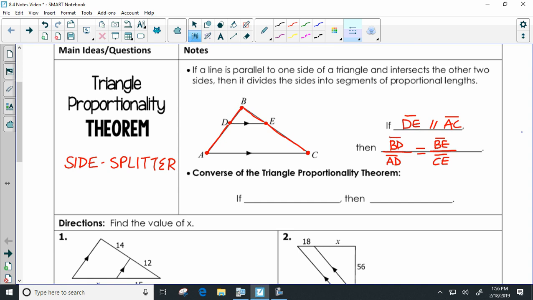So instead of saying if the lines are parallel, then the sides are proportional, it says if you have proportional sides, so if BD divided by AD is equal to the fraction I get when I do BE divided by CE, if those are proportional, they have the same scale factor, then DE would be parallel to AC. That's a creative way to get parallel lines if I can prove proportionality and find that scale factor.